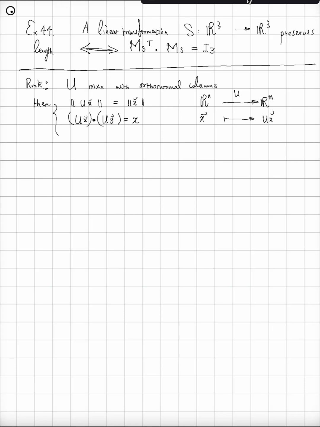Like the same dot product. In particular, the images are orthogonal if and only if the originals are orthogonal, right? You could think of this as a sub-exercise. This is a remark and also sub-exercise.